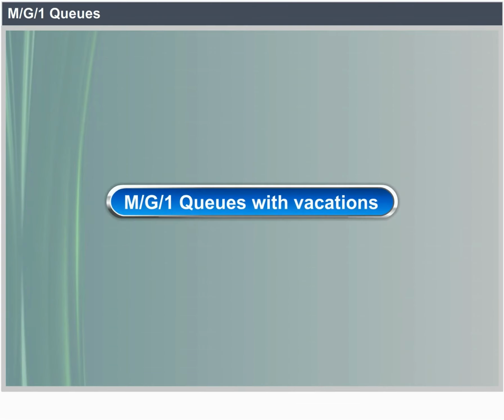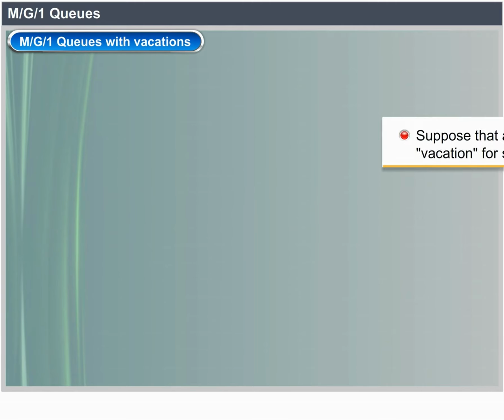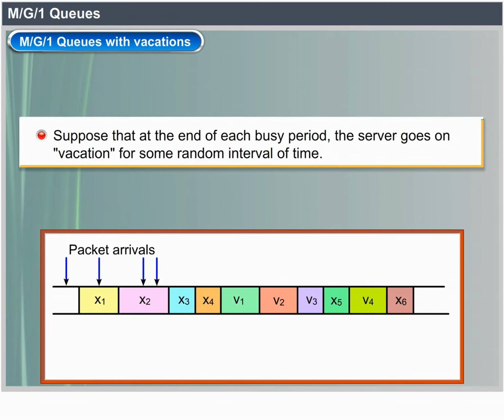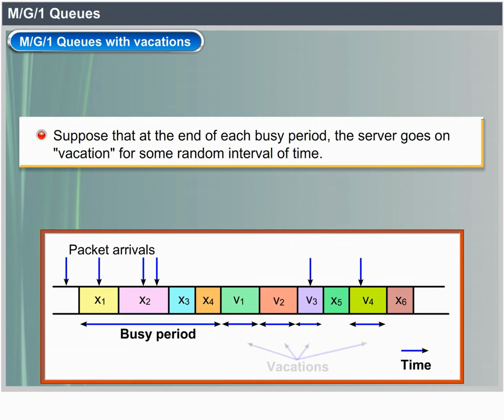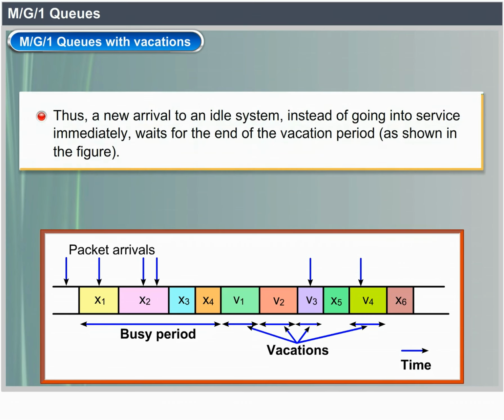M/G/1 queues with vacations. Suppose that at the end of each busy period, the server goes on vacation for some random interval of time. Thus, a new arrival to an idle system, rather than going into service immediately, waits for the end of the vacation period as shown in the figure.